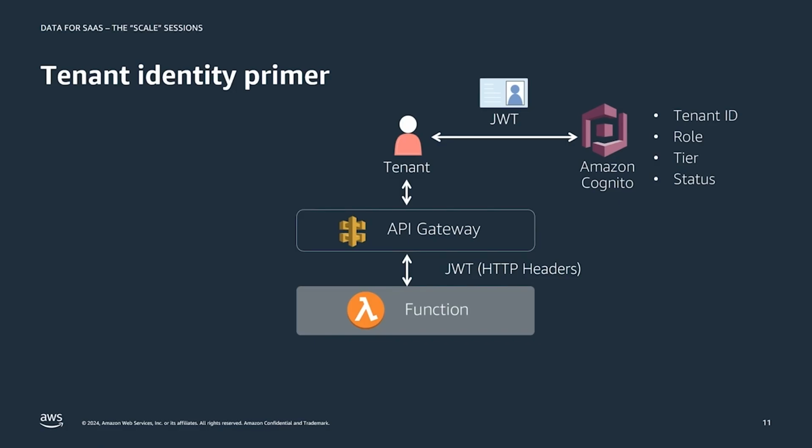A common way of handling that is via a JWT or JSON Web Token, which is an open standard used to create a compact, self-contained token that can be transmitted between various components and up and down the application stack, that defines for this particular tenant, they can do function ABC, but not function XYZ.